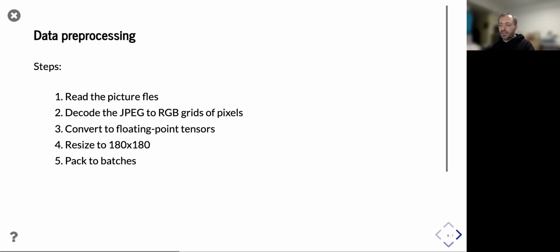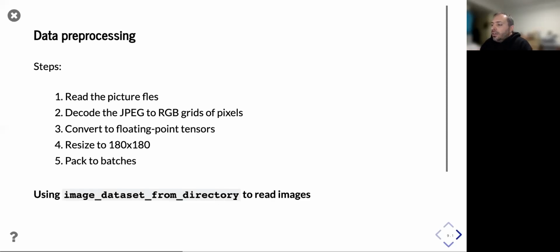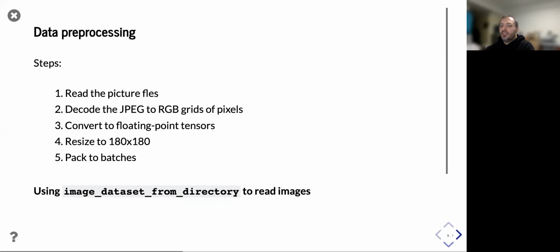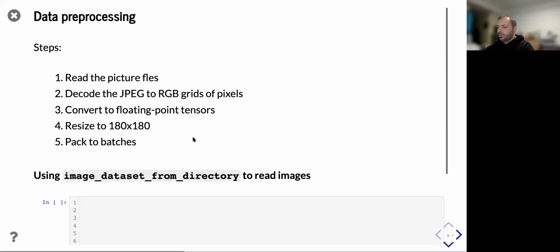Remember, we have to fit batches. There are many ways to do this. One easy way is to use image_dataset_from_directory to read the images. And the idea behind this is that we have the directories.